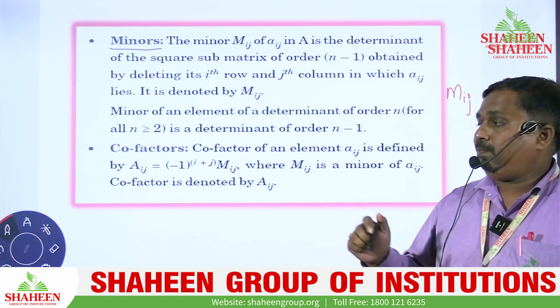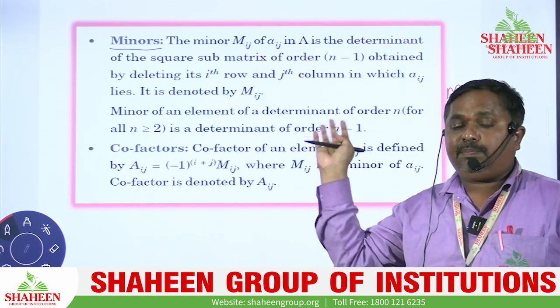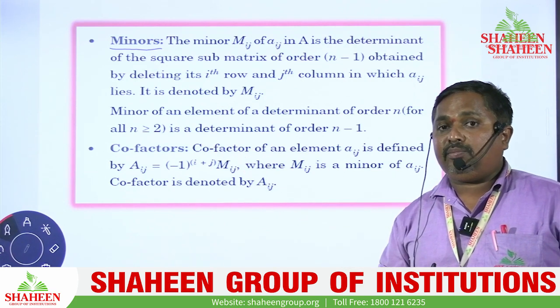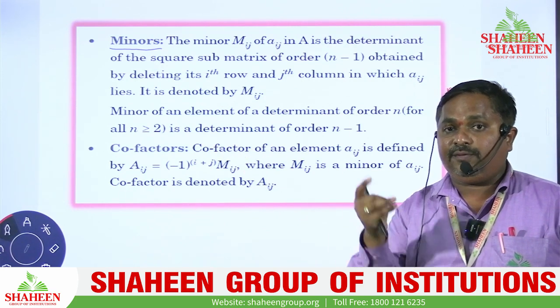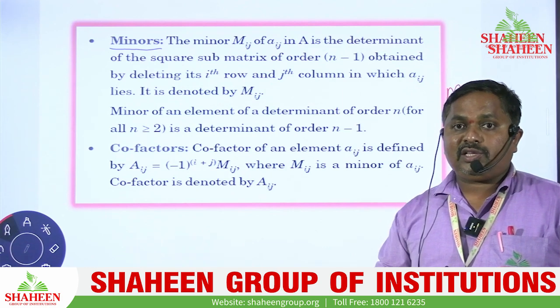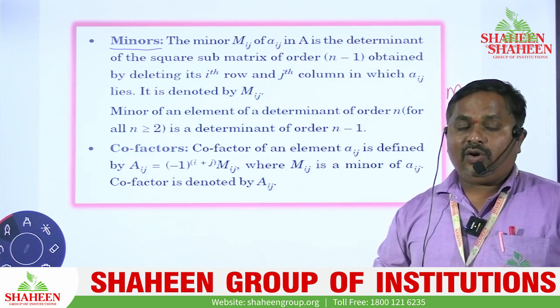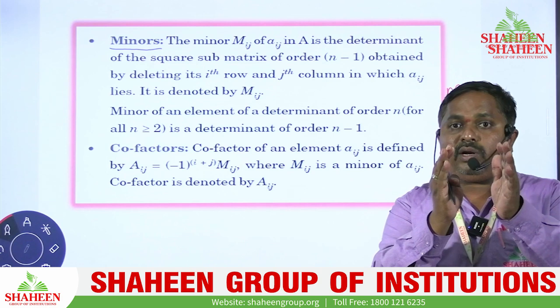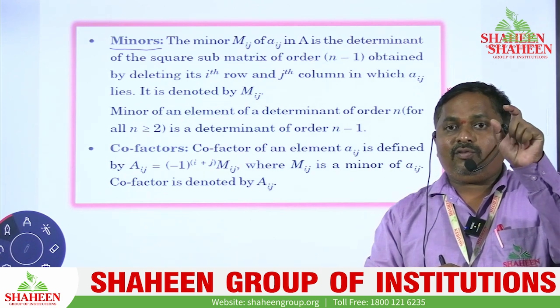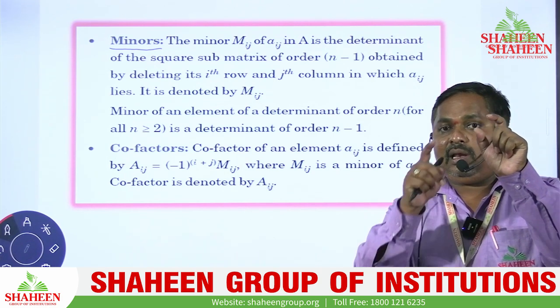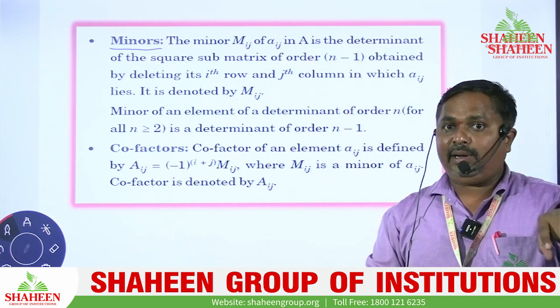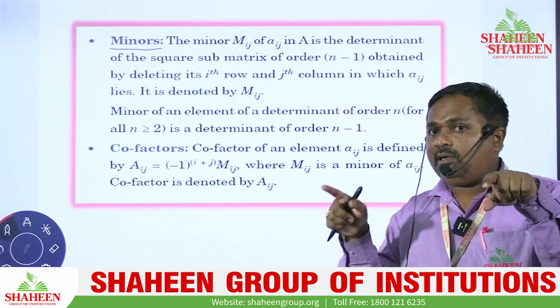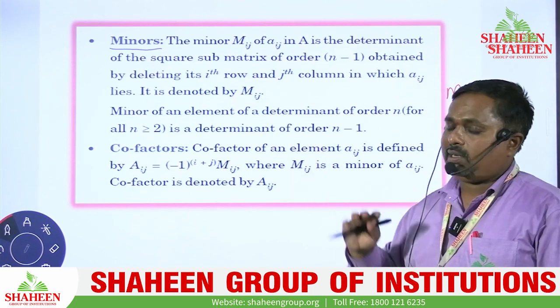For example, like we calculated previously how to find the determinant of a 3 by 3 matrix or 2 by 2 matrix. To find the determinant, we considered one row or one column. We took one element and left that row and column in which that element is lying. Whatever determinant value we get, that is a minor.